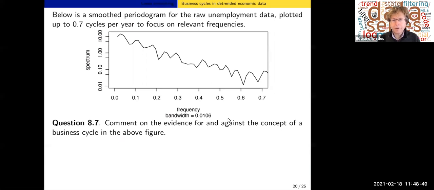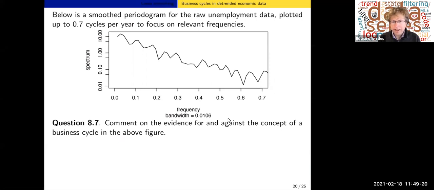Let's go back to the original data and look at a smooth periodogram for raw unemployment data plotted up to 0.7 cycles per year. That's because we don't think business cycles are going to be much shorter than a year. We're not interested in real high frequency effects here, and we want to not worry about seasonality issues, at least in this plot.